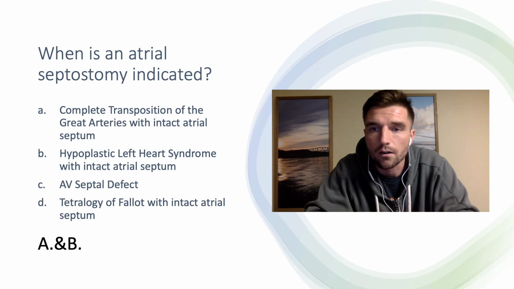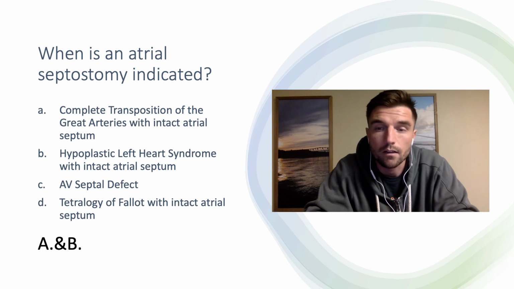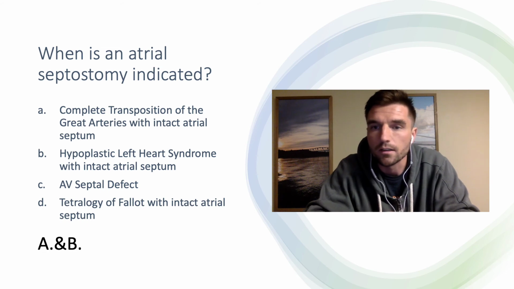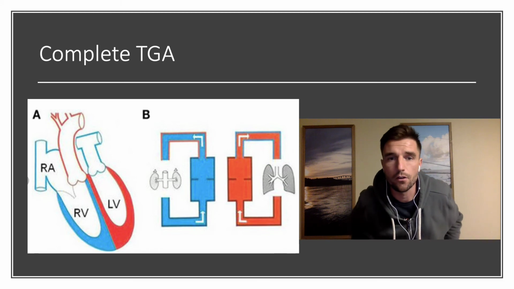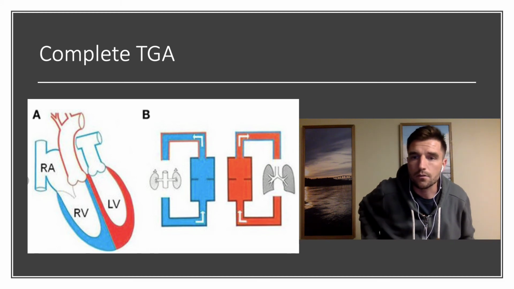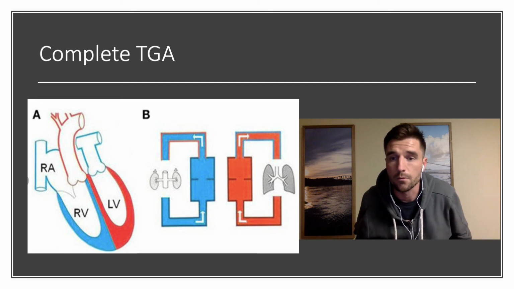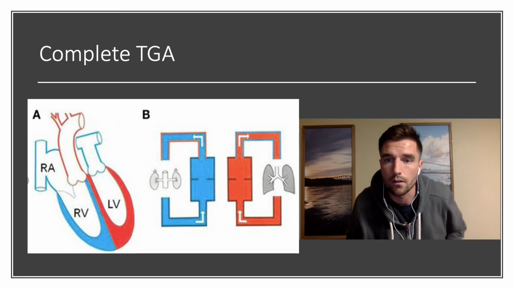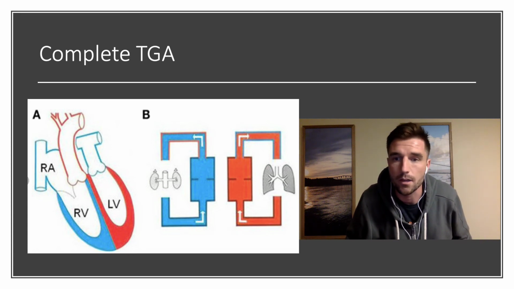They both require large ASDs, and so if limited, if restricted, or the atrial septum is intact, an atrial septostomy would be indicated. Let's talk about transposition of the great arteries and why an atrial septal defect is needed, and if that atrial septum has a restrictive defect or is intact, why an atrial septostomy would be indicated.